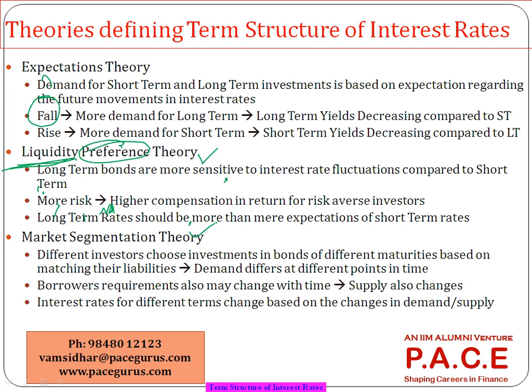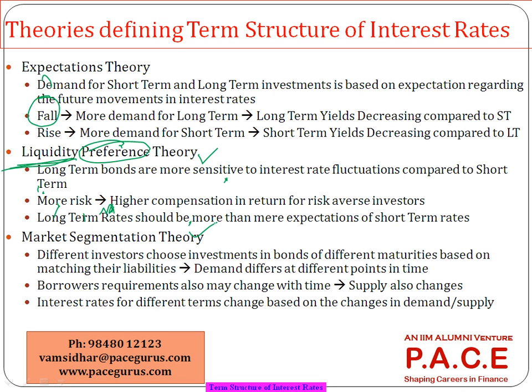And what this term structure is explaining is because different parties have different kinds of requirements, the demand for the long term and short term investments differ completely based on how the requirements of different investors are changing over time.